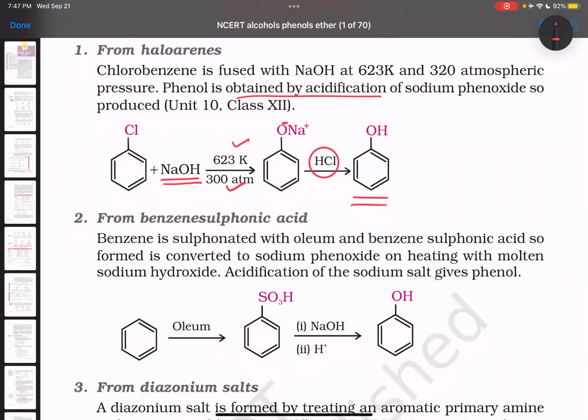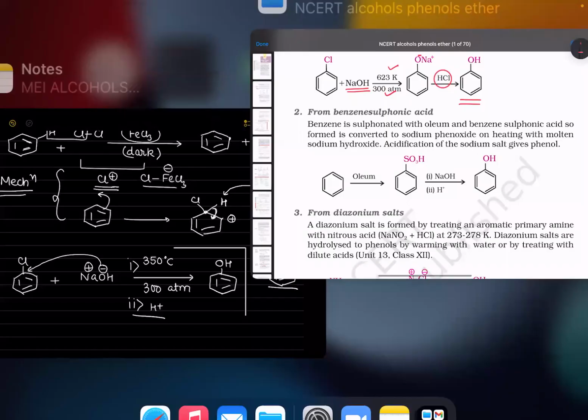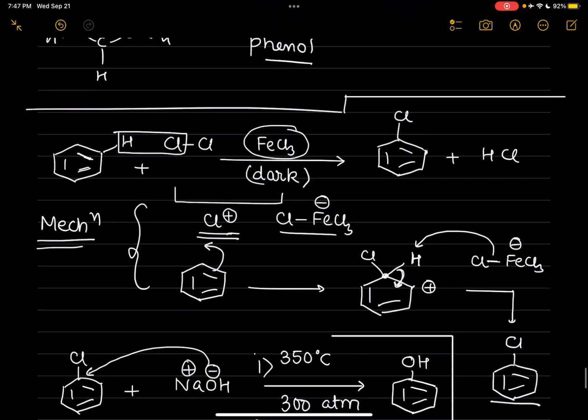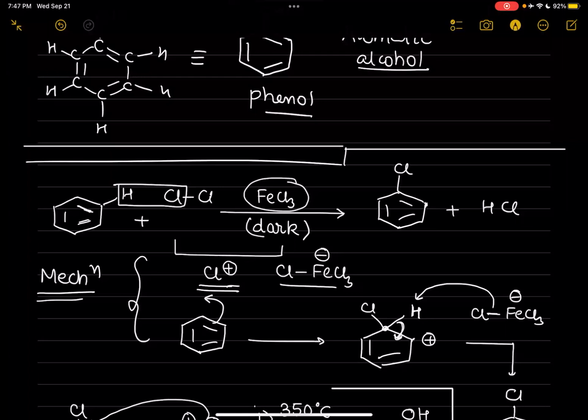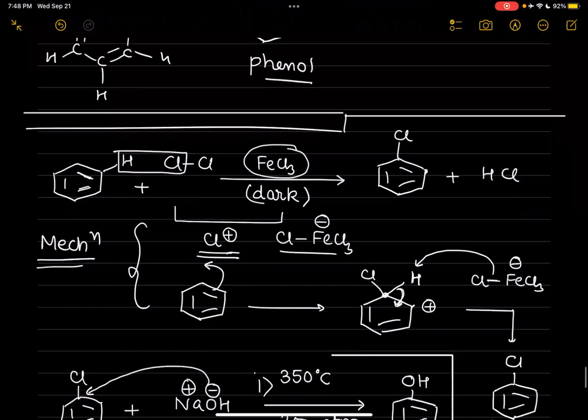The second step is also the same, but actually what's the need? It appears that we wanted to prepare phenol, but why did we prepare chlorobenzene in the middle? Anushka, can you explain? Sir, could you repeat?